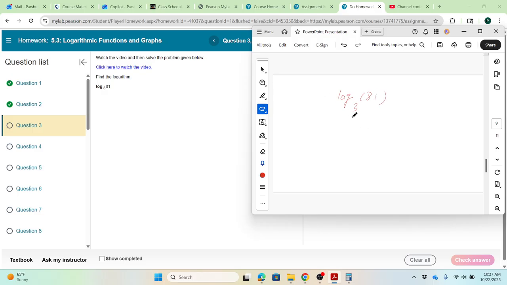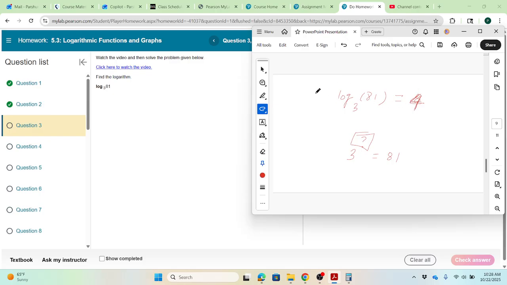Actually, we're asking the question, 3 to the power what value is 81, because it's the reverse of the 3 to the power x function. So this is the question we're asking. 3 to the power 4 is 81, so the answer for this one is 4.